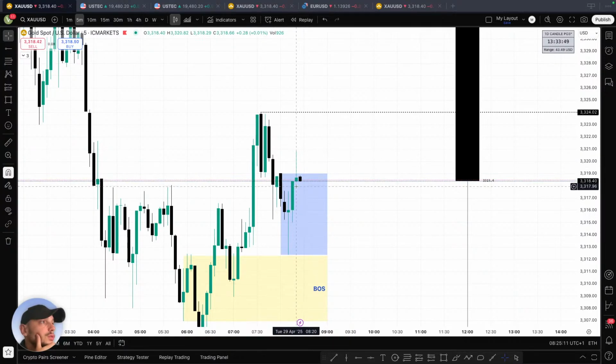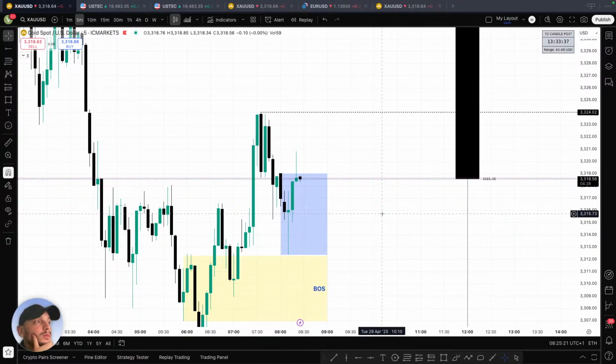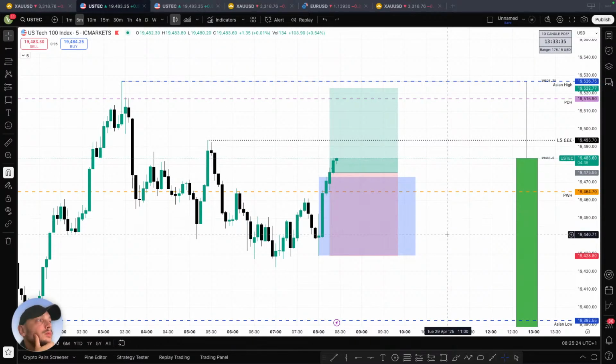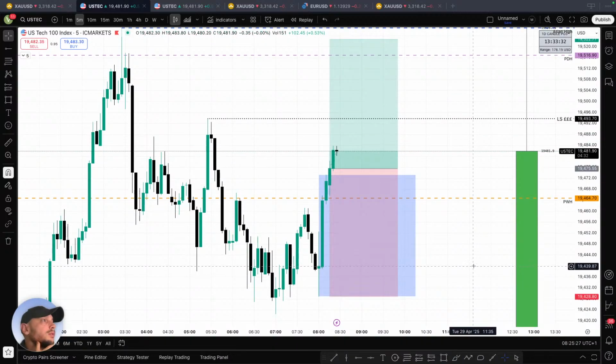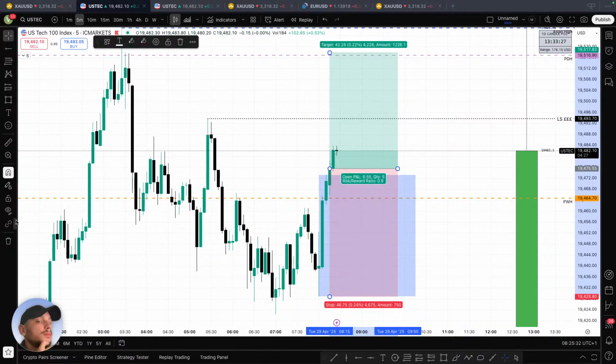If you're long gold, the next candle is very important. Okay, Nasdaq starts picking up. Okay, beautiful push.